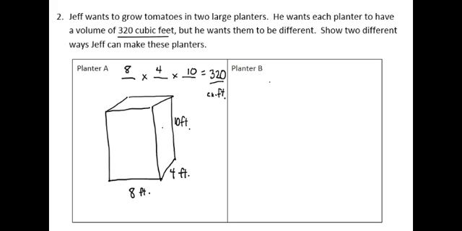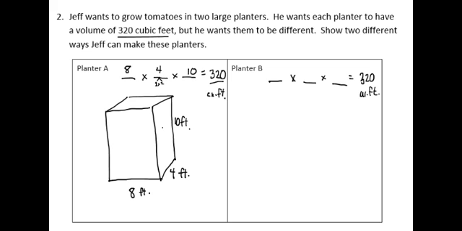Now I just need to come up with 3 different numbers that I could multiply that would also give me a volume of 320 cubic feet. I'm going to look at the numbers that I used over here and see if I can adjust them to give me some different numbers. I could break my 4 into 2 times 2.